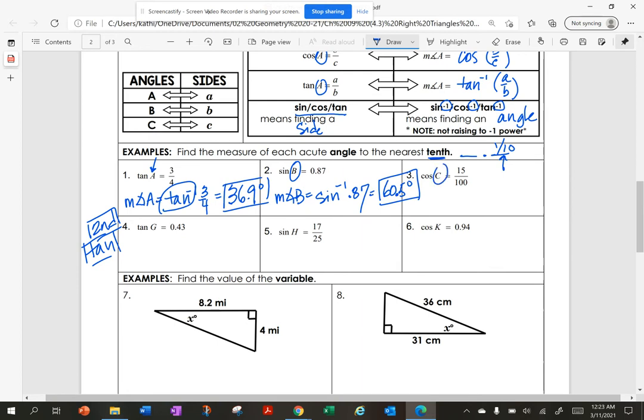If I want to find angle C, the measure of angle C equals cosine inverse of 15 divided by 100, and I get 81.4 degrees. Okay, can you pause the video, and can you do 4, 5, and 6?